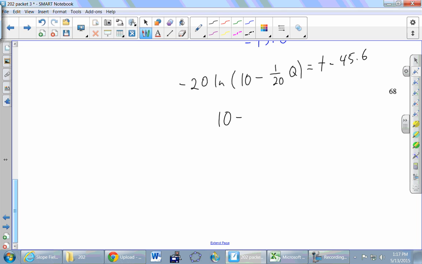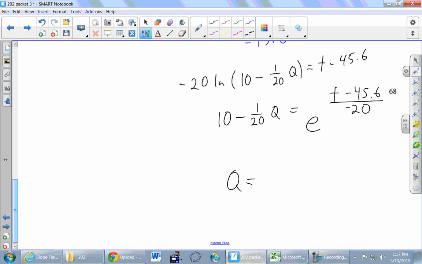So let's see. It's going to give us 10 minus 1/20th of Q equals, we said we were going to take everybody and divide by negative 20 and then raise e to both sides. So I think we're there. And then two more steps to solve for Q. Subtract the 10, multiply by negative 20.